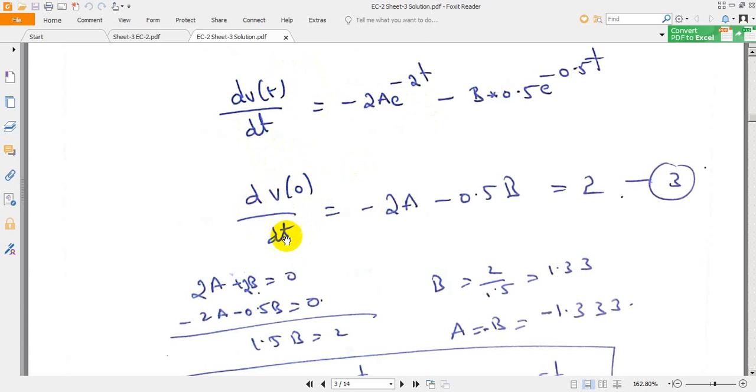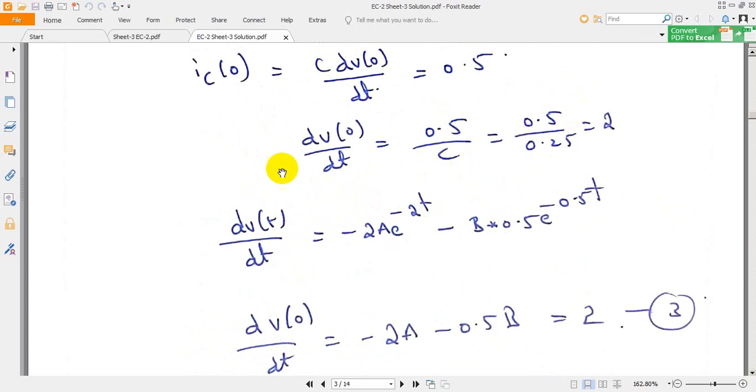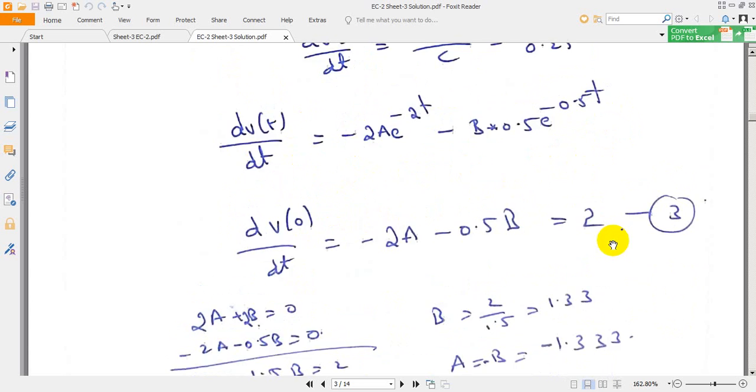So dV naught by dt is equal to minus 2A minus 0.5B, because e power minus 2 into 0 becomes 1 and e power minus 0.5 into 0 becomes 1. But we know dV naught by dt has been evaluated here as 2.